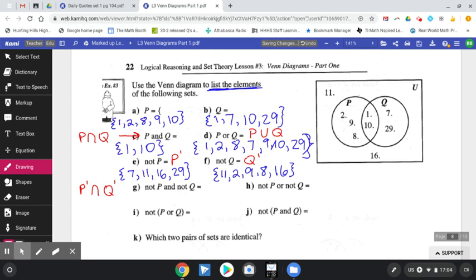If you had an element that was not in P and it was not in Q, where would you put it in the diagram? So the 16 and the 11, those are the numbers that are not P and not Q. So maybe it's easier to think about intersection with words.